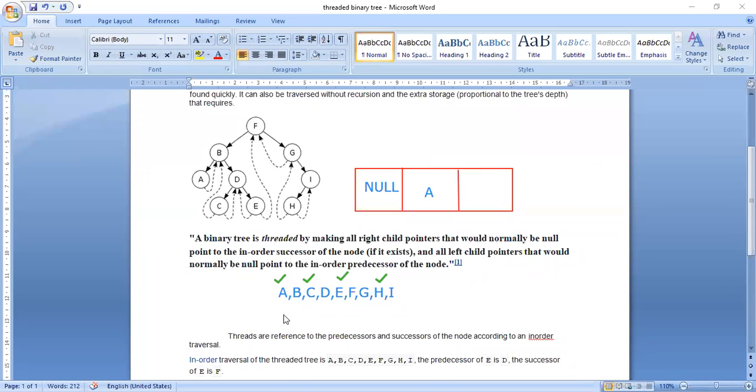Now see. In the right address pointer, what will I keep? The successor of A in an in-order traversal. What is the successor of A?